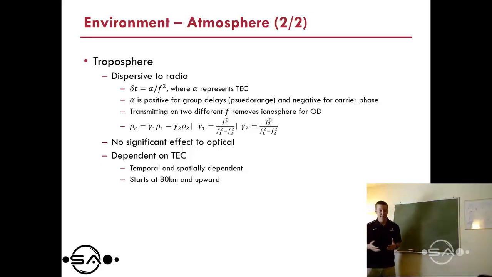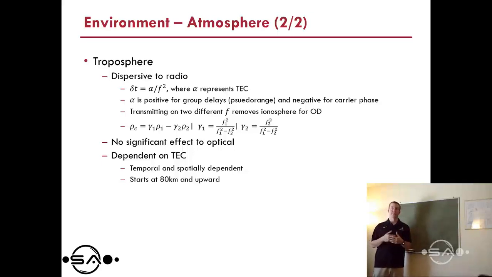The ionosphere is dispersive to radio, and there's no significant effect to optical. Now, why is that? Well, for optical, the mean free path is so large that it's not going to be dispersed by the photons running into all those particles. However, for radio, there's a large ionic component.